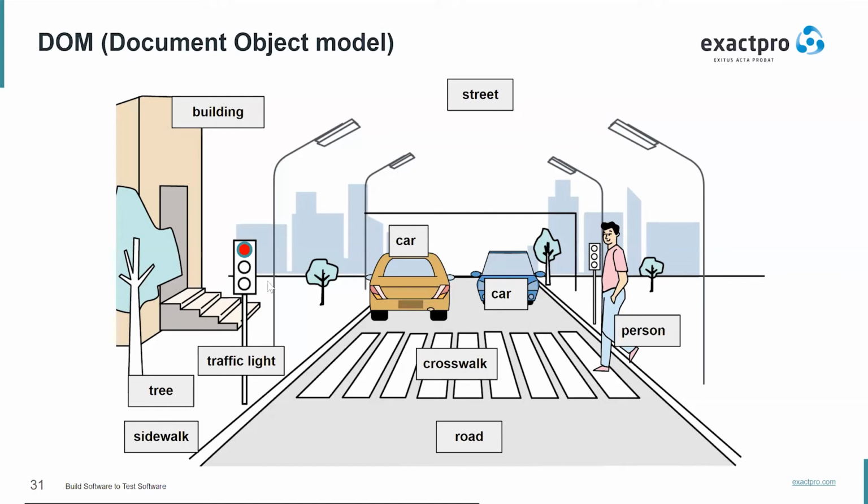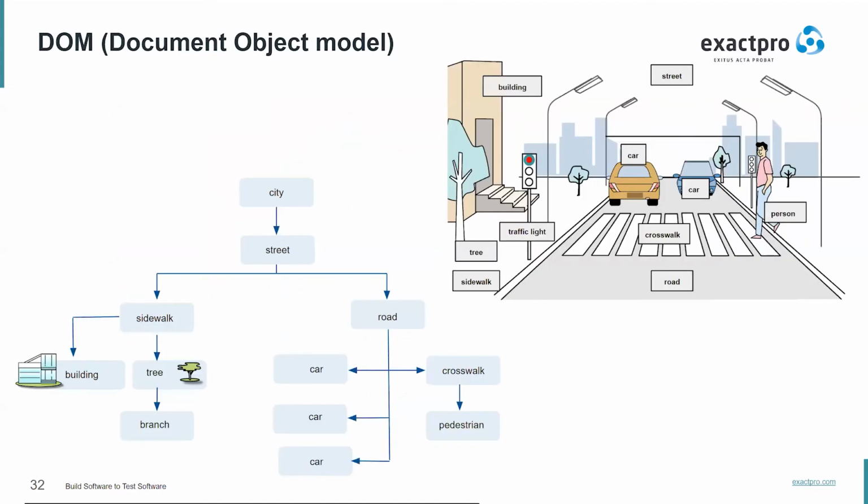Here's a sidewalk, and here we can see a road. On the road, there are cars, and there is a crosswalk, and there is a person, a pedestrian, who's interacting with the crosswalk. So we can see that a simple hierarchy can be built here.